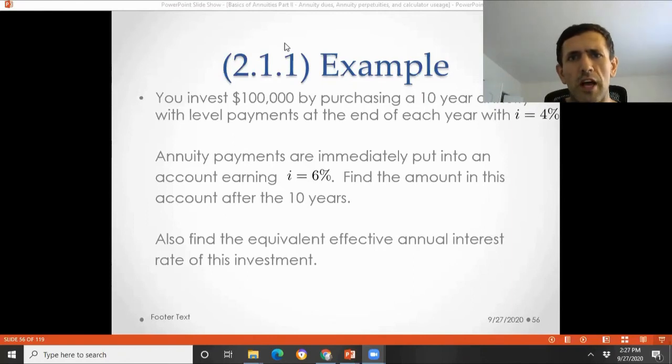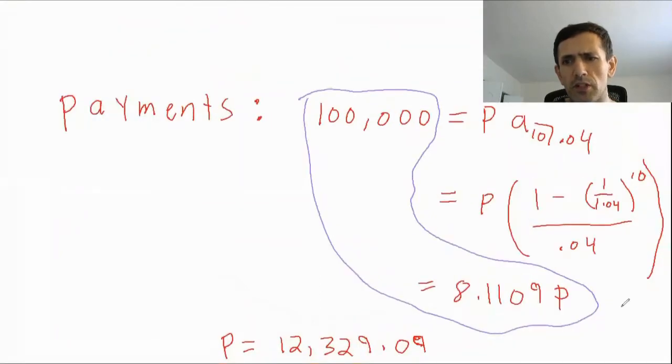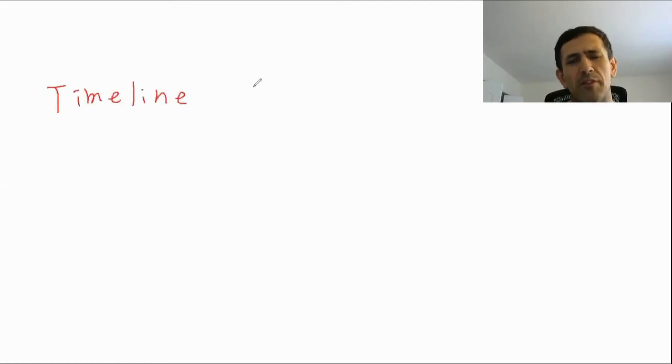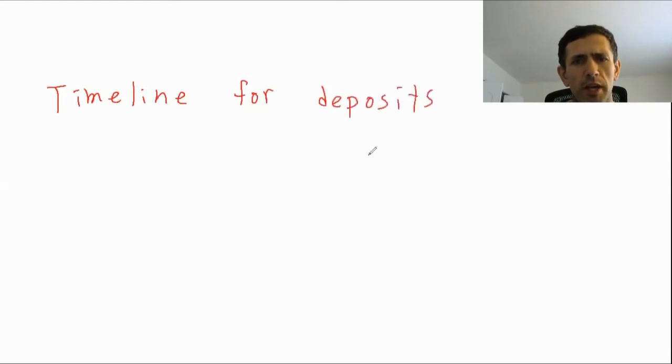So I'll just draw a timeline in case it's not clear. Everything we did here is just to find what these payments are. So the timeline for deposits. And again, you really don't have to draw the timeline. I probably wouldn't on a quiz or exam, but just to make sure we're all on the same page here.